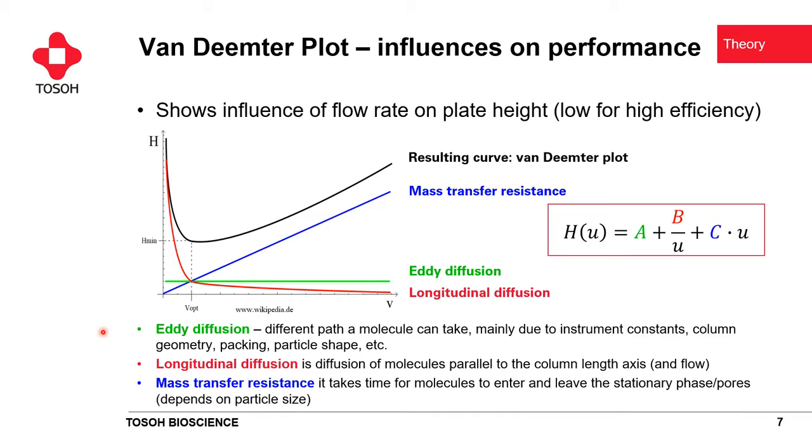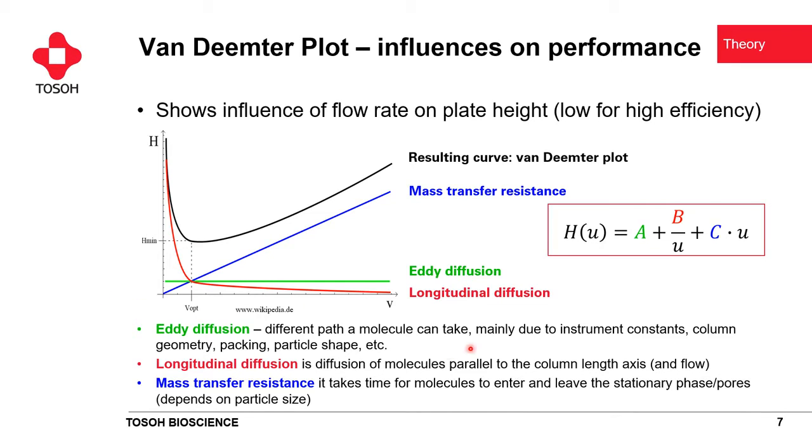You may imagine one molecule may take a path directly in the middle of the column and therefore does not need a long time to get to the end of the column, whereas another molecule, even though it's exactly the same, may take a different path, maybe to the side of the column, and therefore takes a slightly longer time, and therefore we have peak broadening and an impact on our separation efficiency.